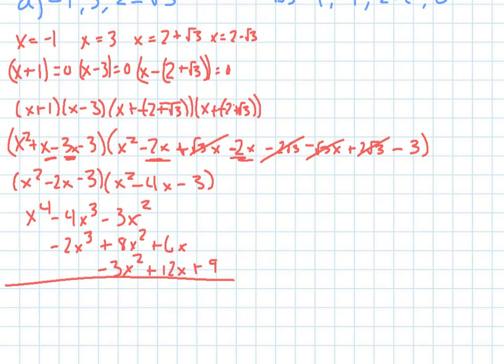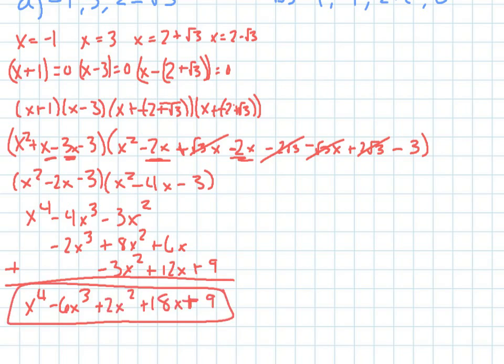Add these all together, gives me x to the 4th, minus 6x cubed, plus 2x squared, plus 18x, plus 9. So there's my polynomial for the zeros of negative 1, 3, 2 plus or minus square root of 3.